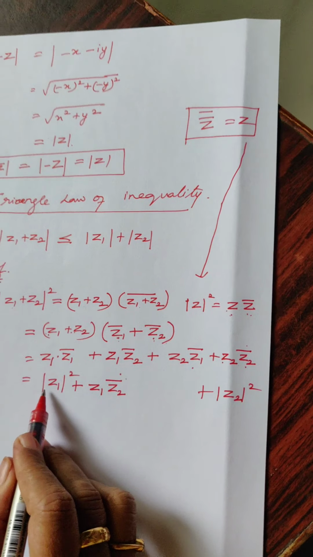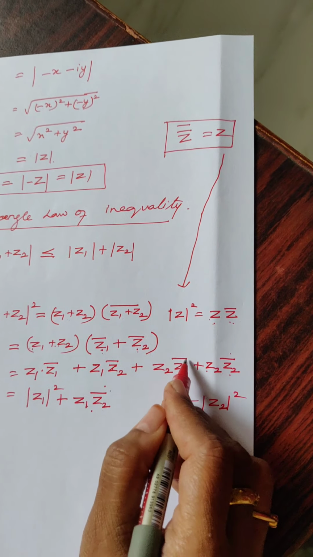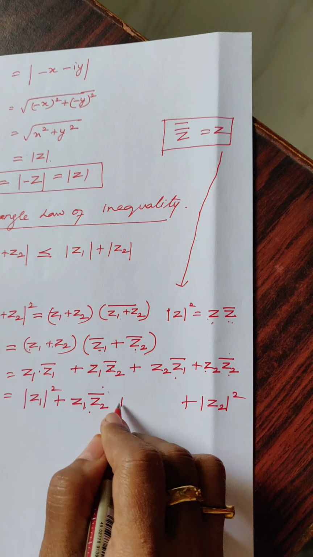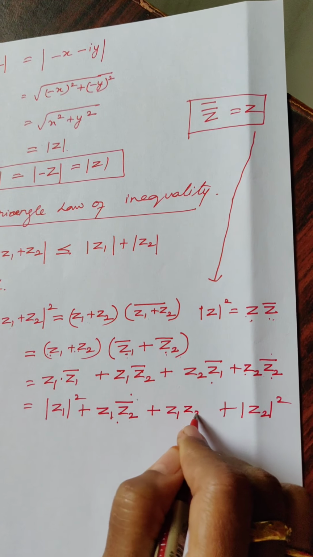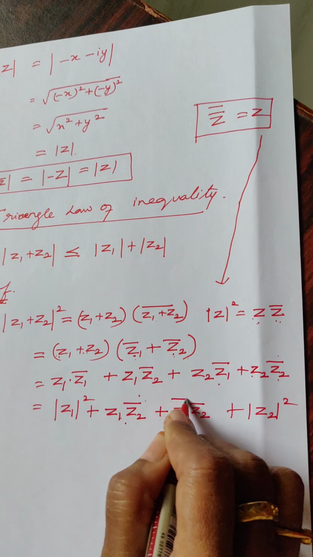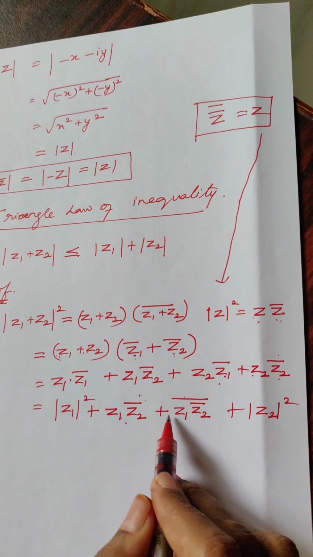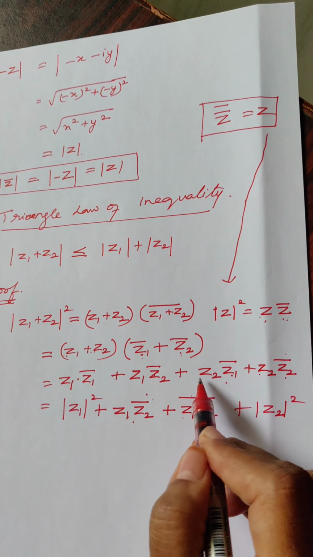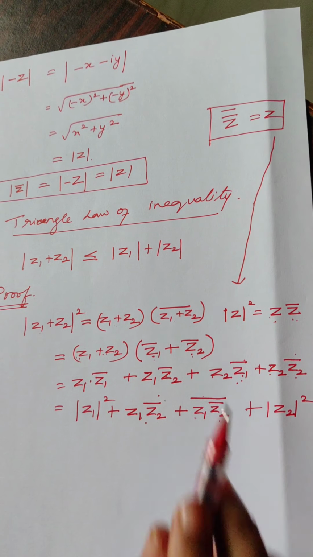So modulus of z1 square plus z1 z2 bar. Instead of writing this, I write the same term as z1 z2 bar the whole bar. z1 bar, we are getting z1 bar. This conjugate, I can write z2 z1 bar as z1 z2 bar's conjugate.